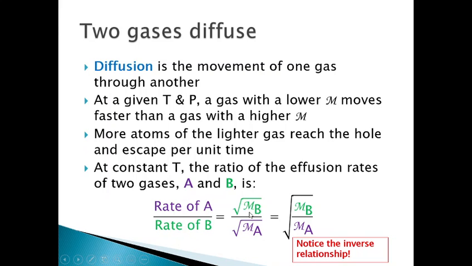B is going to be inverse of the square root of the molar mass. So that's why rate of A is on top here, rate of B is on top there, but whenever you start talking about the square roots of the molar mass, A goes on the bottom, B goes on top. In this last step, I'm just combining both of these square roots, but the same idea still applies. A started off on top, B on bottom, so A needs to be on bottom and molar mass to be on top.